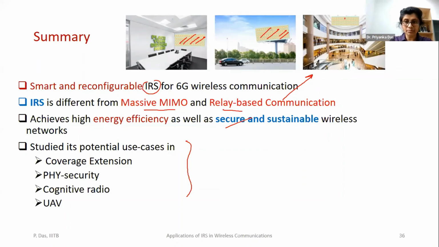We also talk about a similar situation in physical layer security, where we want to make sure the channel coming to the eavesdropper is relatively weaker. So this job has to be done by the IRS as well. When we talk about interference mitigation, you also have to look into similar kinds of problems. How can I mitigate the interference? Yes, it can.